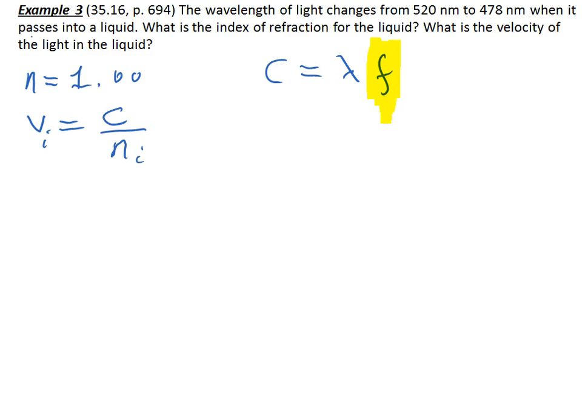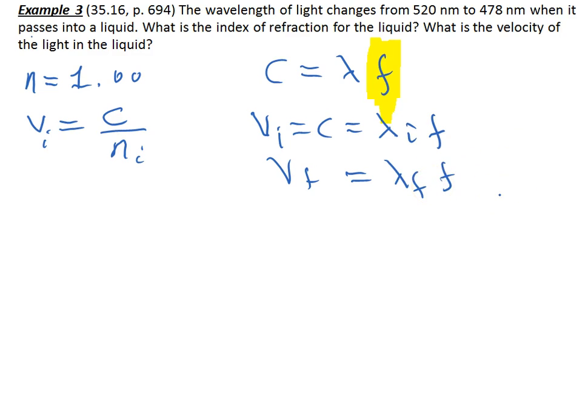So let's have a look at our equation for the velocity. We are going to have two velocities. The initial velocity, which is equal to c, which is equal to lambda initial times the frequency, and we're going to have a final velocity not equal to c, which is equal to the final wavelength times the same frequency.